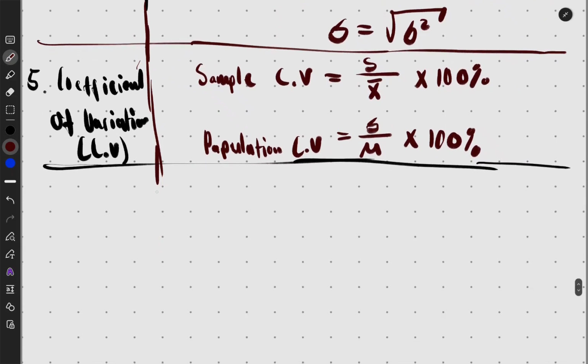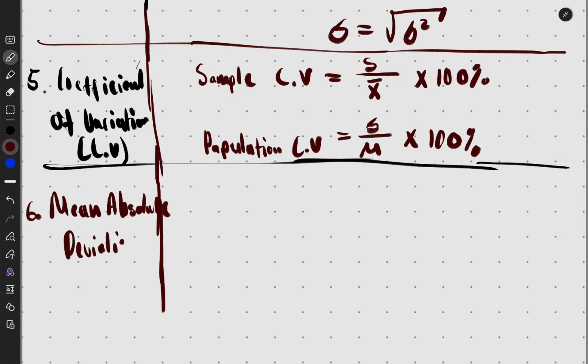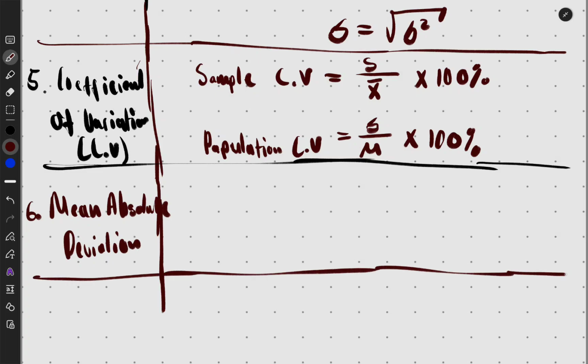Then the last two, and you are done, are the mean absolute deviation and the median absolute deviation. So mean absolute deviation, we call it the MAD.